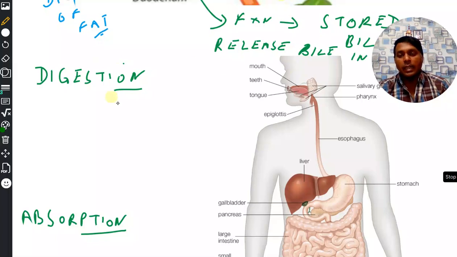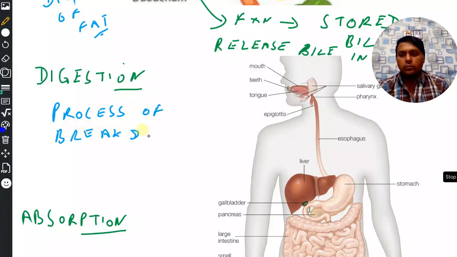So next is digestion. What is digestion? The basic question. Digestion is a process in which complex food is broken down into smaller ones.